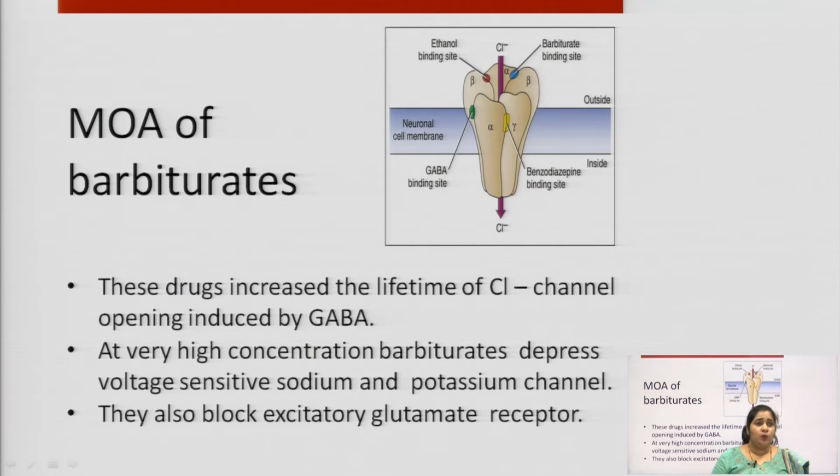At very high concentration, barbiturates also depress the voltage sensitive sodium and potassium channels, and they also block the excitatory glutamate receptor. This glutamate receptor is responsible for excitement. By blocking it, they decrease the excitement and hence act as sedative and hypnotic by inducing calmness in the patient.